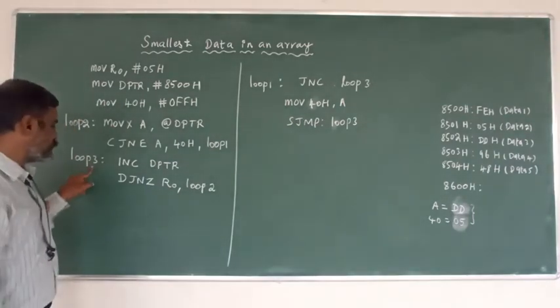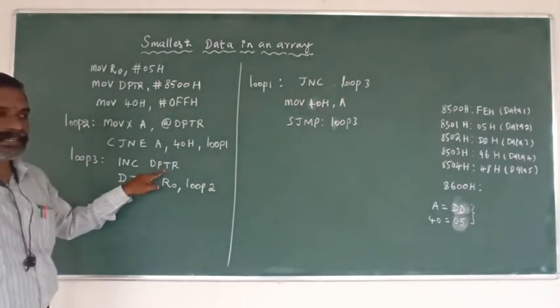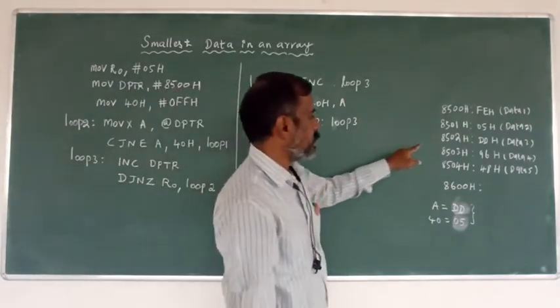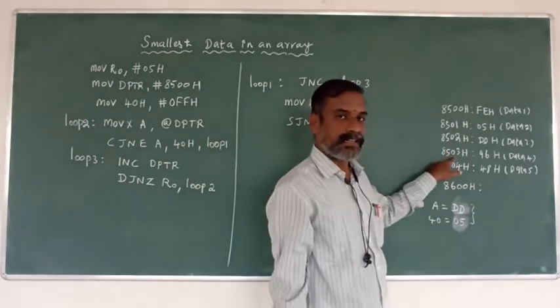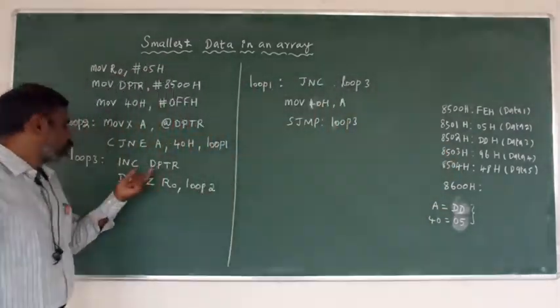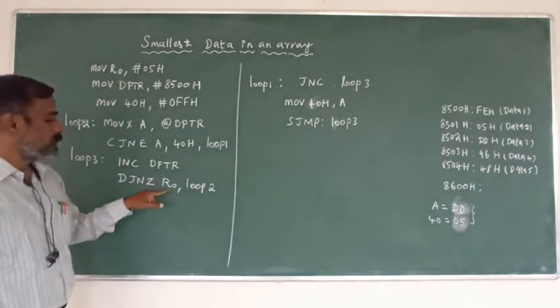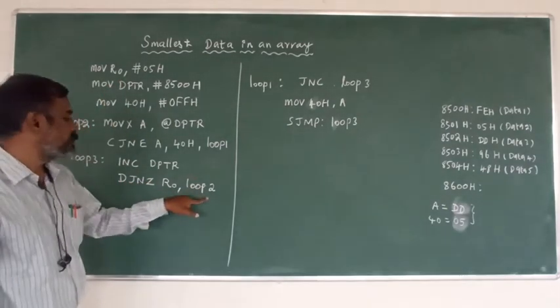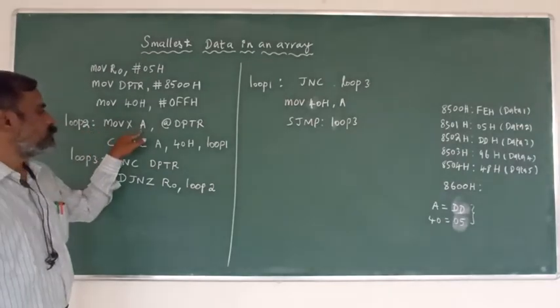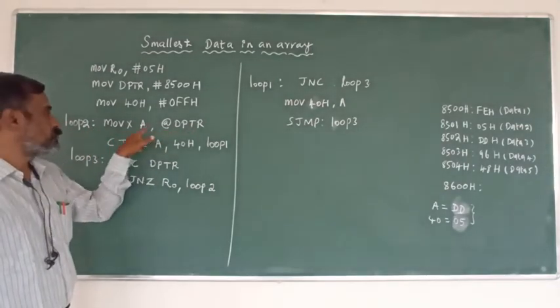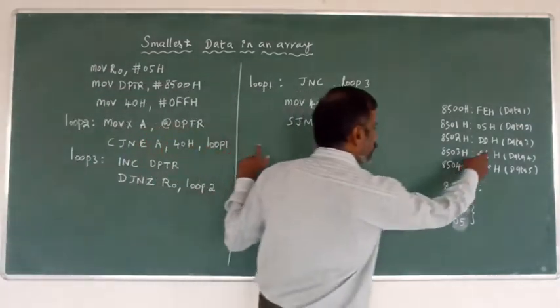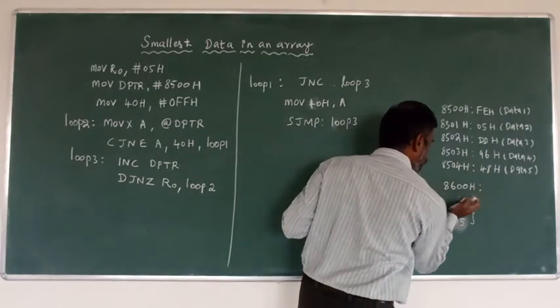Okay, directly jump to here and increment the data pointer address. Now the data pointer address is 8503. After that, decrement the number of data. Now this is not 0. Not 0 means jump again to here. Now the data at the data pointer address is moved to the accumulator. Now this data 96 is moved to the accumulator.